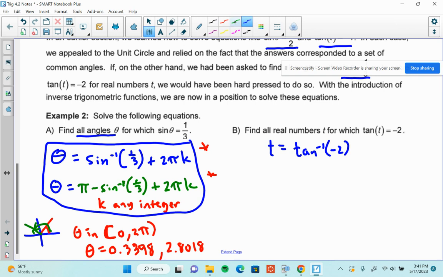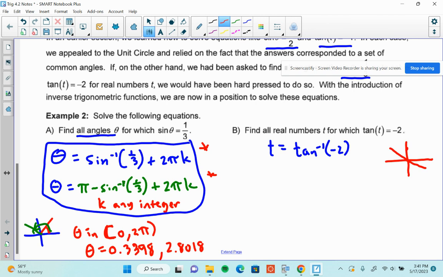But remember, tangent is negative in quadrant 2 and quadrant 4. And those are going to be 180 degrees apart, or pi radians apart.